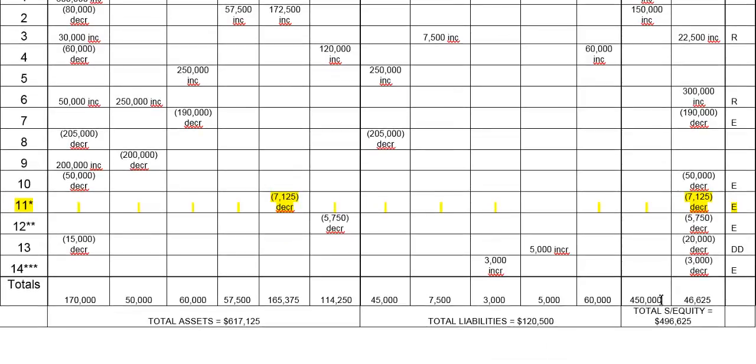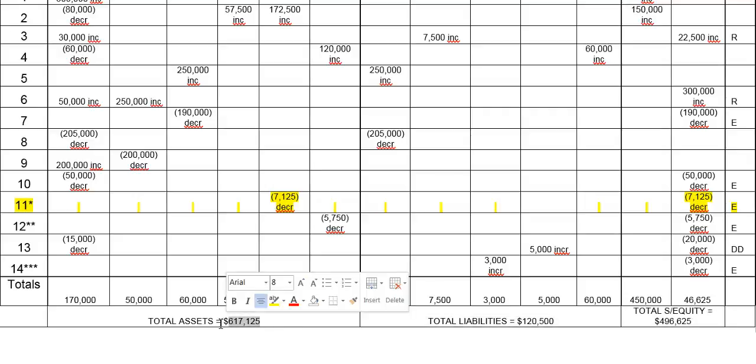So I've got $450,000 in common shares. And when I do a little bit of plussing and minusing here, I'm going to find I have $46,625 in retained earnings. So my total equity is $496,625. So you can see if I add these two numbers, I'm going to get this.